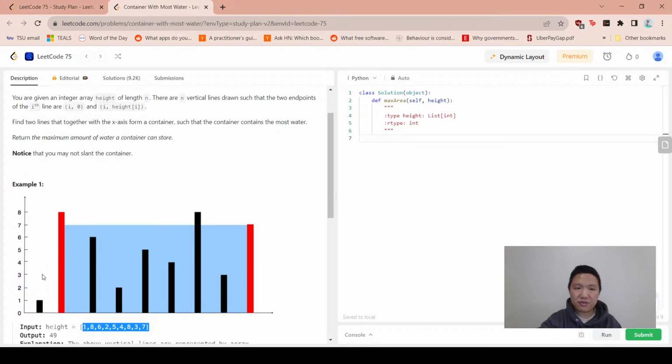So that's 8 times 5, which is 40 units of water. Whereas 1 and 8 can contain water of depth 7. But the distance between them is 7 units. And that gives you 7 times 7, which is 49.